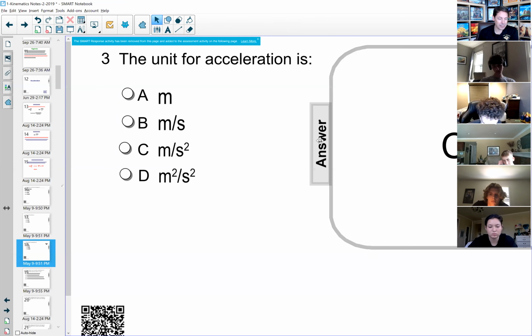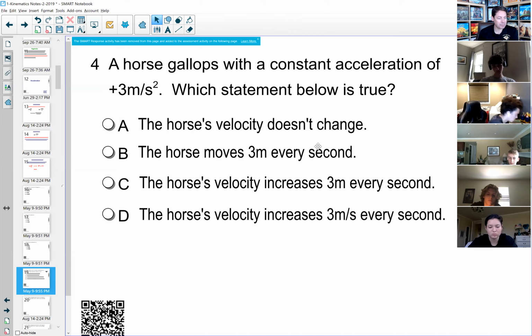All right, let's talk about another scenario. If we have a horse galloping with a constant acceleration of positive 3 meters per second squared, which statement below is true? A, the horse's velocity doesn't change. B, the horse moves 3 meters every second. C, the horse's velocity increases 3 meters every second.